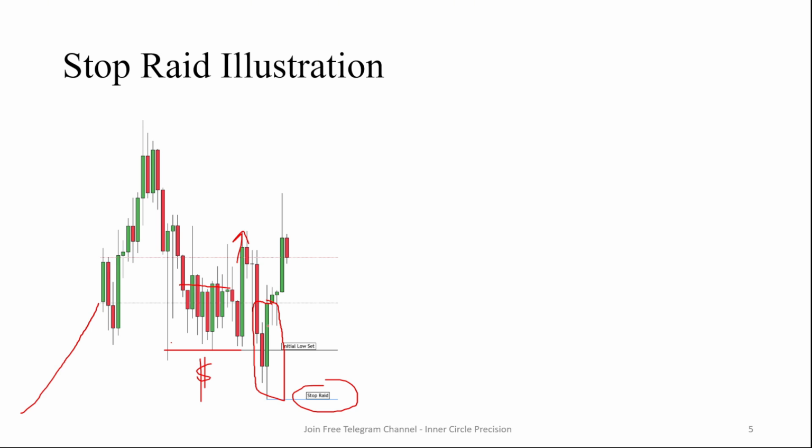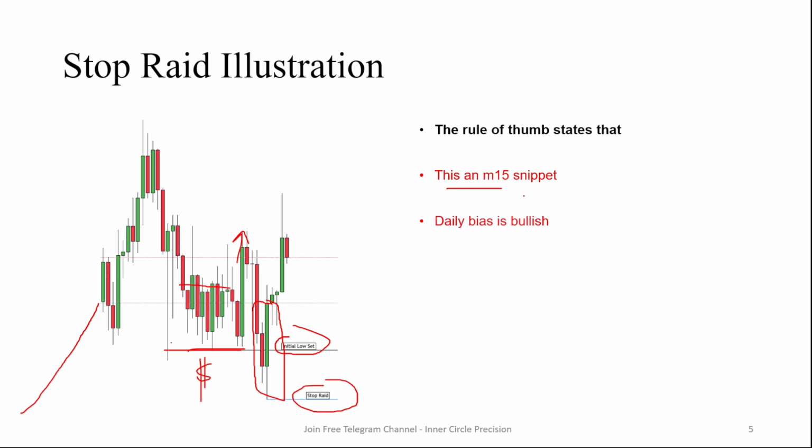If you want to learn more about this EBP, just go to the previous videos on this channel. So this was the initial low that was set, and then it was raided. The rule of thumb states that this is an M15 snippet, daily bias is bullish, and a fake low inducement has been issued. The stop raid was later issued, as we can see here.